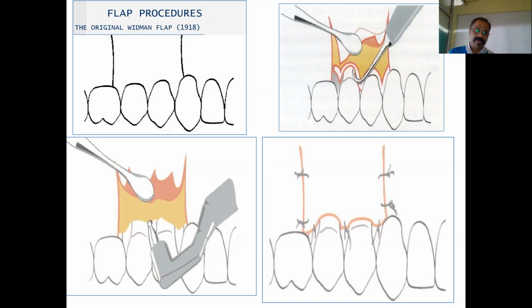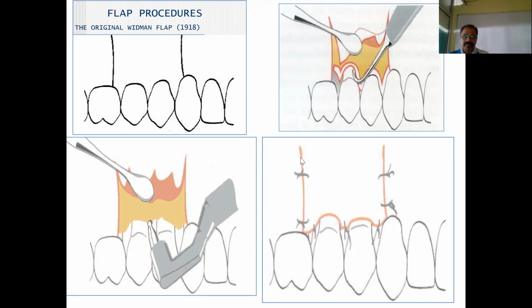Next, whenever there are irregular bony contours, you're going to do an osteoplastic procedure. Also, you're going to take a round bur and make sure that the original contours of the bone are restored. So in the original Widman flap, you're going to do osteoplasty also, using burs for reduction.